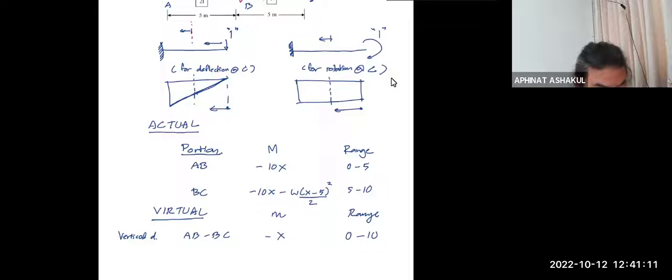And for my rotation, the moment is easier. It's just minus 1, and the range is from 0 to 10 as well. It's a lot easier, but I sacrifice this moment equation so that I could get easier equations for the virtual case. But I think the best thing is to be flexible.